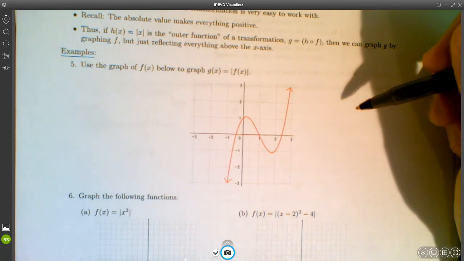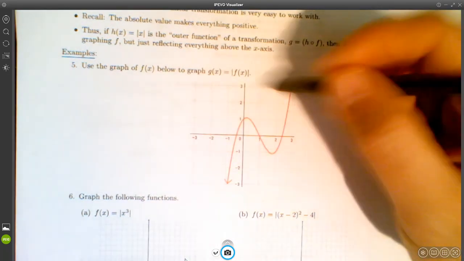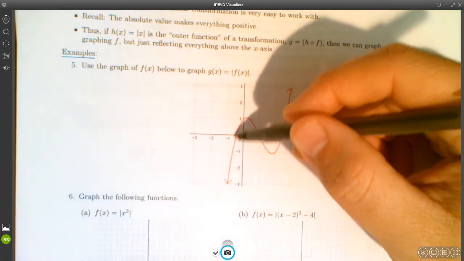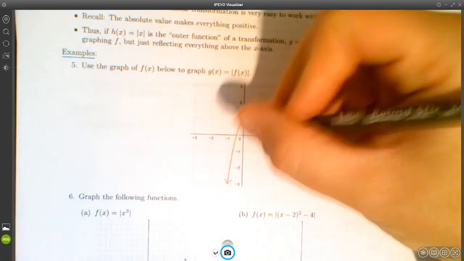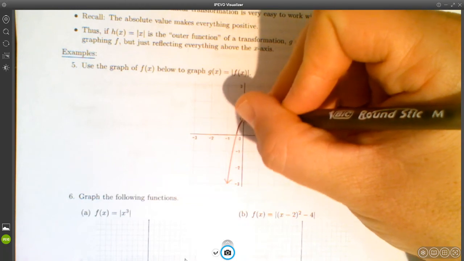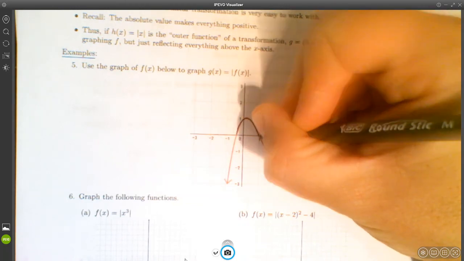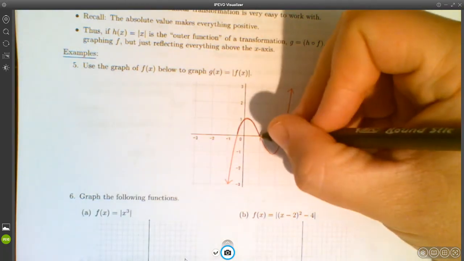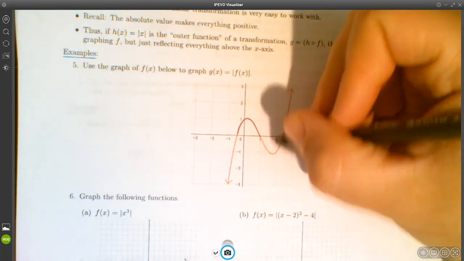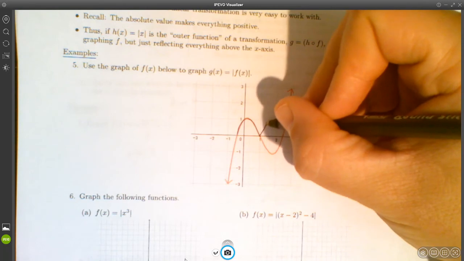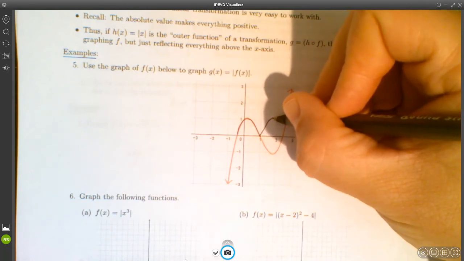What that's going to do to the graph is it's going to look exactly like the parent function, but whenever it dips below the x-axis, it's going to be reflected. So right here, it's going to be exactly identical to f of x, but where it dips below the x-axis, it's going to spring up and look like its mirror image, like this.